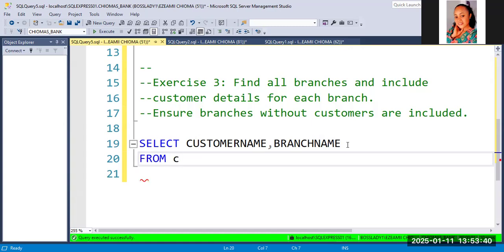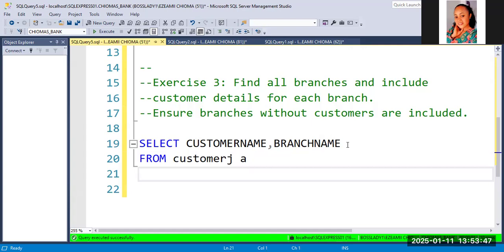So we want customer from our customer table, customer J as our A table. Then right join our branch table. If you swap the tables, you can use left join, right? Branch J as our B table.